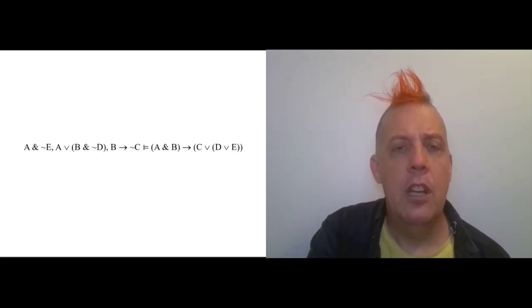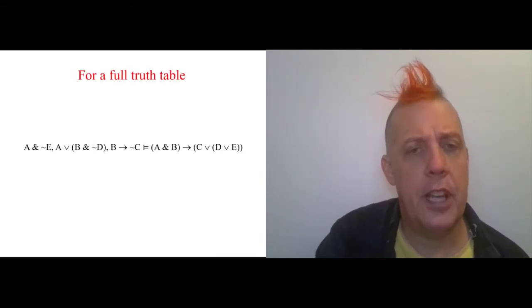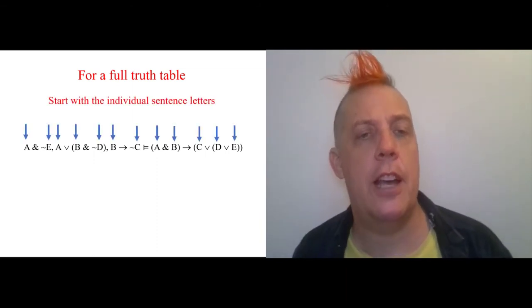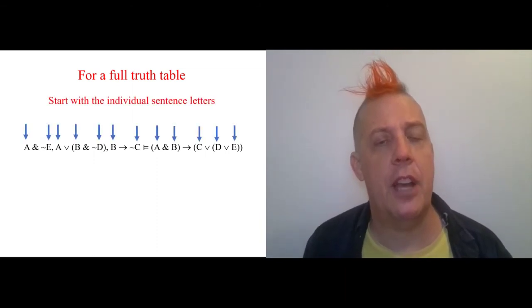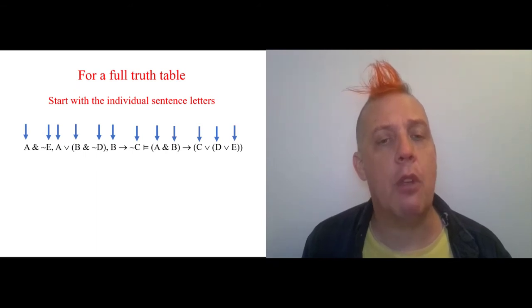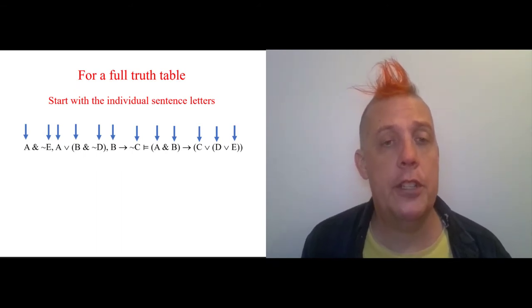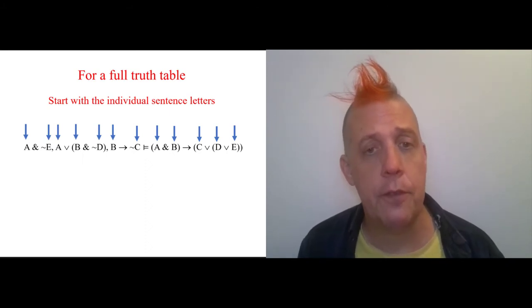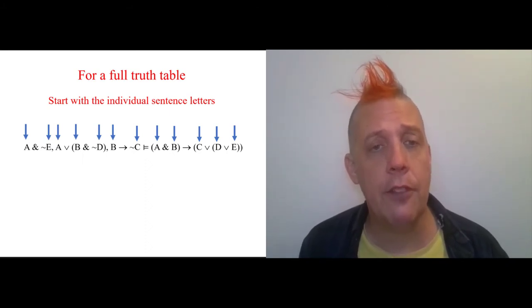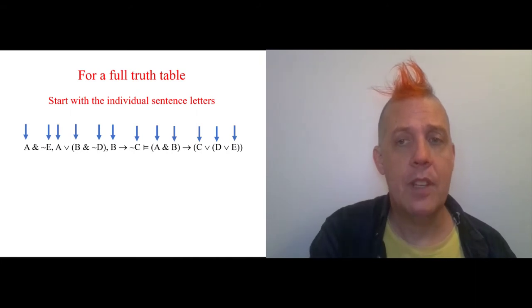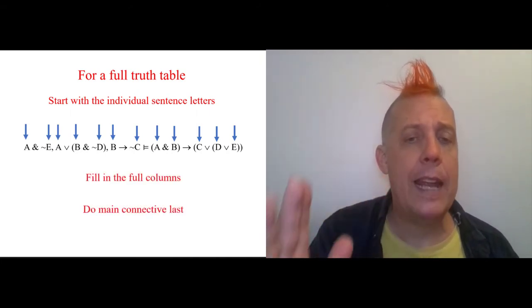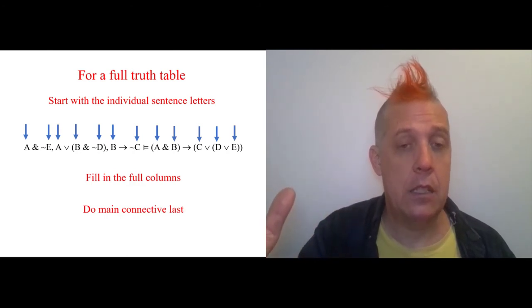So if we were to do a full truth table, we would start with the individual sentence letters, the A, B, C, etc. And for each one of those, we would have to do 32 lines because there are 32 possible combinations of truth values for these 5 letters. So we would fill in the columns and we would do the main connective last.